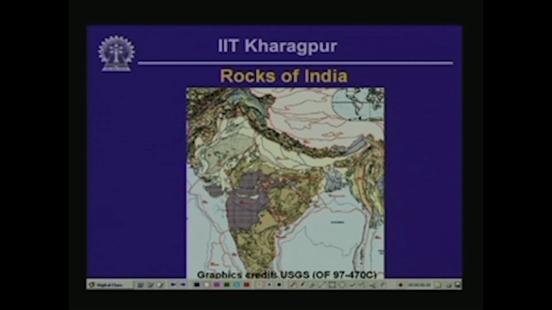Now, let us consider first the large mass visible here with purple shade, and this one essentially is the Deccan trap, essentially basalt that was formed when there was a lava flow resulting from divergent activity in this part of the tectonic plate.